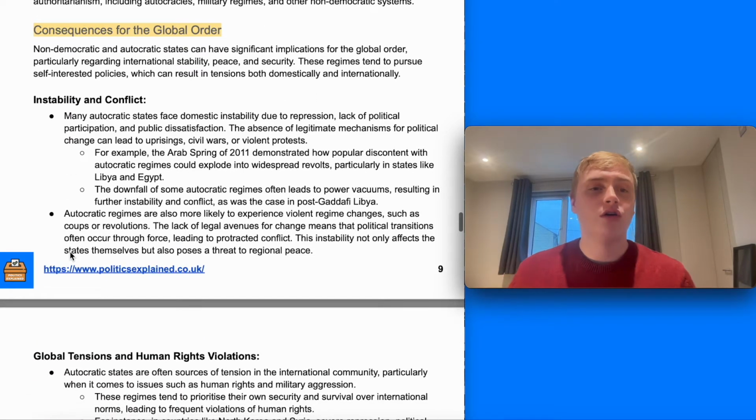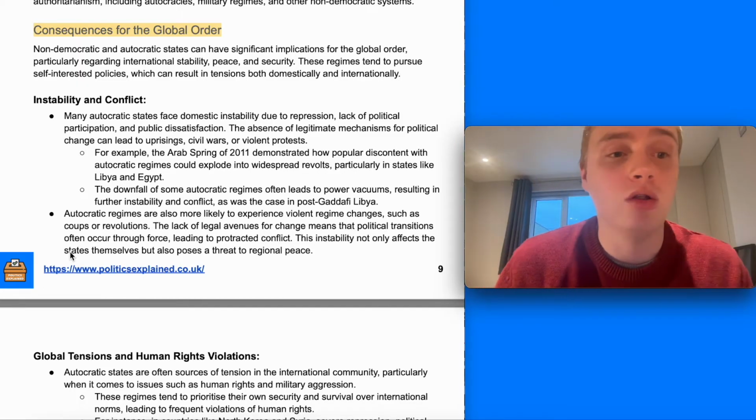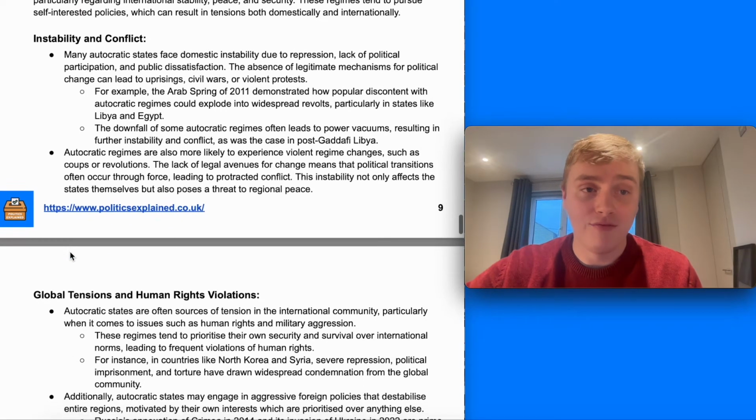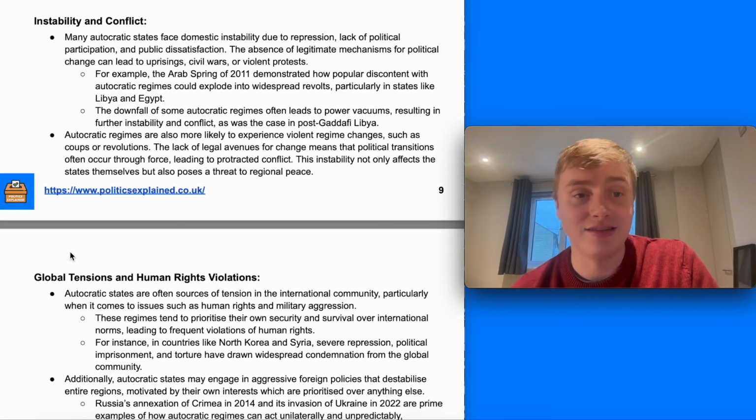So then, what consequences do they have for the international order? The first key consequence is instability and conflict. Many autocratic states face domestic instability due to the fact that they're repressive and there's a lack of political participation, and that can sometimes lead to political violence and the population rising up against the leader dominating them.